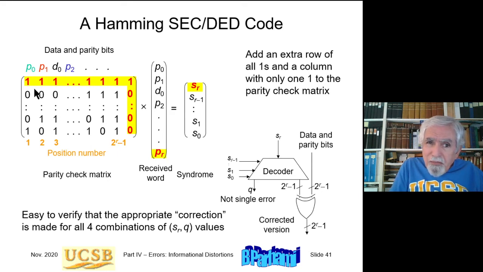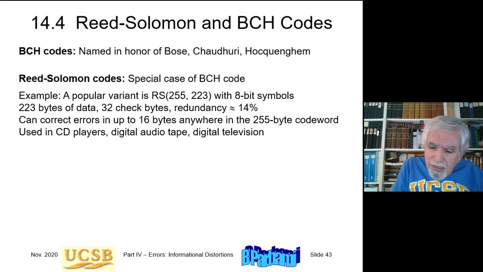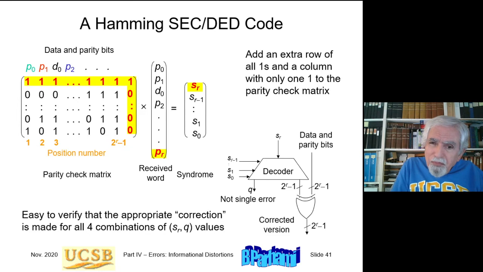So basically, the extra syndrome bit is the XOR of everything, all the data and parity bits. I'll leave it up to you to verify that that is correct.